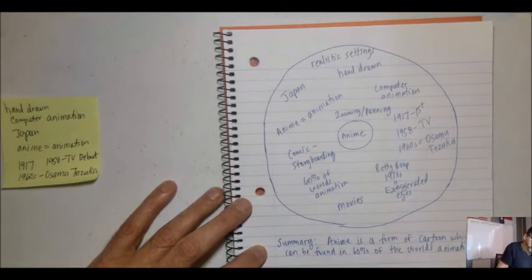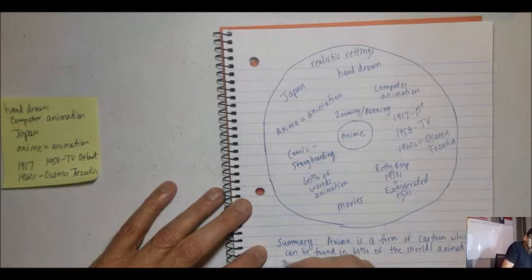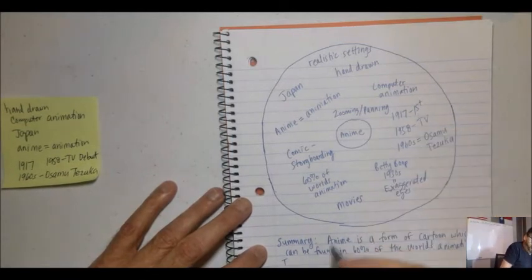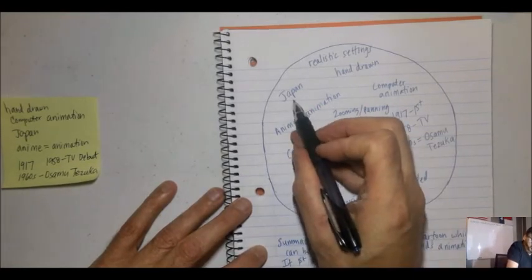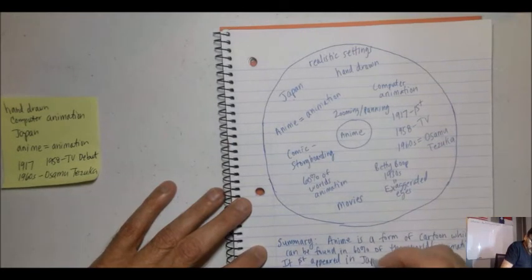And you can give a little bit of history. It first, see here? It first appeared in where? In Japan. In 1917.